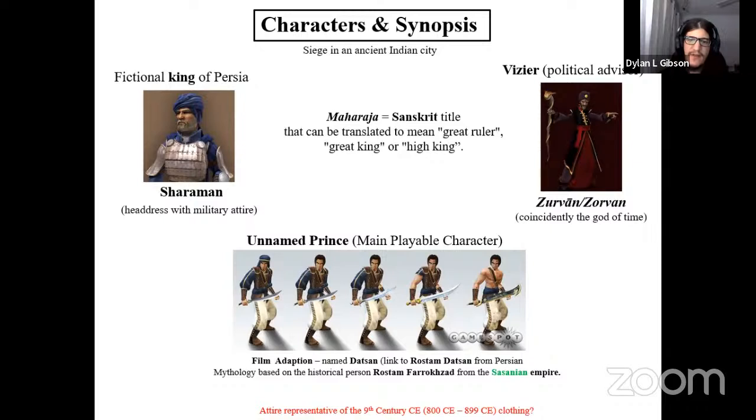So there's a link over here to Rostam Dastan from Persian mythology, which is based on the historical person Rostam Farrokhzad, from the Sasanian Empire. So that's going to be important. That's going to come up a little bit later on, why that's important and how we can get that historical context. So also another thing with the vizier, you can see he is given the name Zervan.